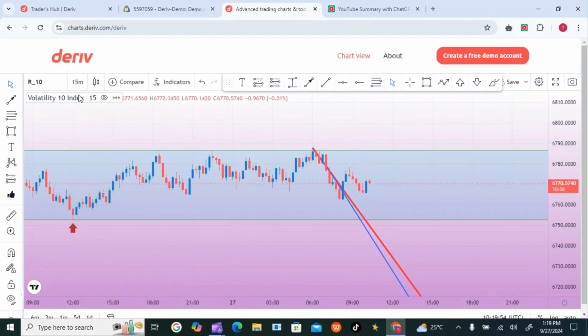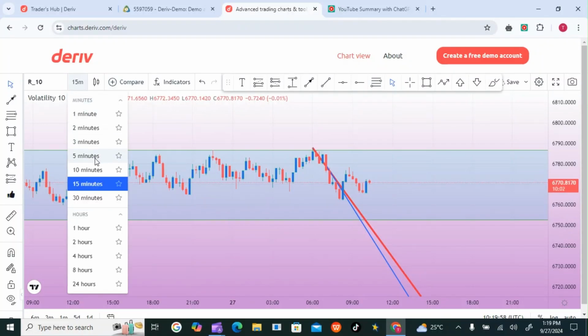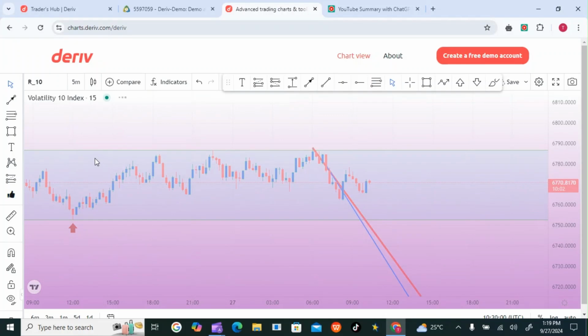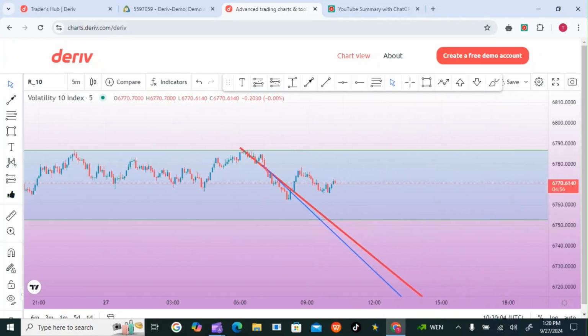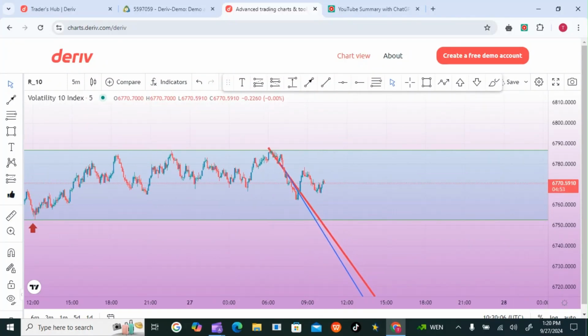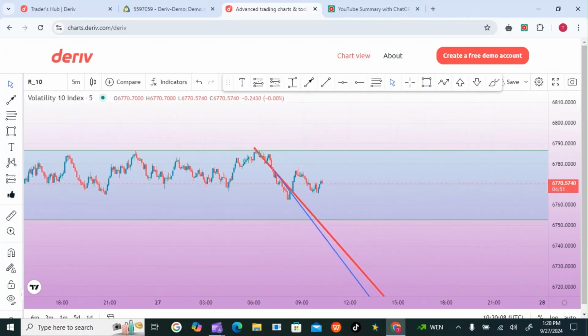So let's see on the 5 minutes whether we can scalp something from there. I have seen that we are on a consolidation area. We have been consolidating, you can see, and the market has now come and broken that area, which was on the 5.